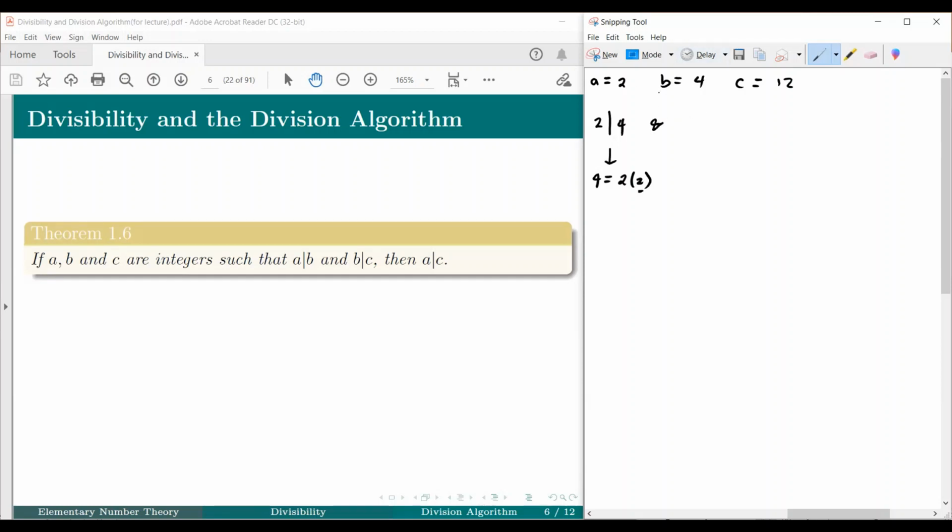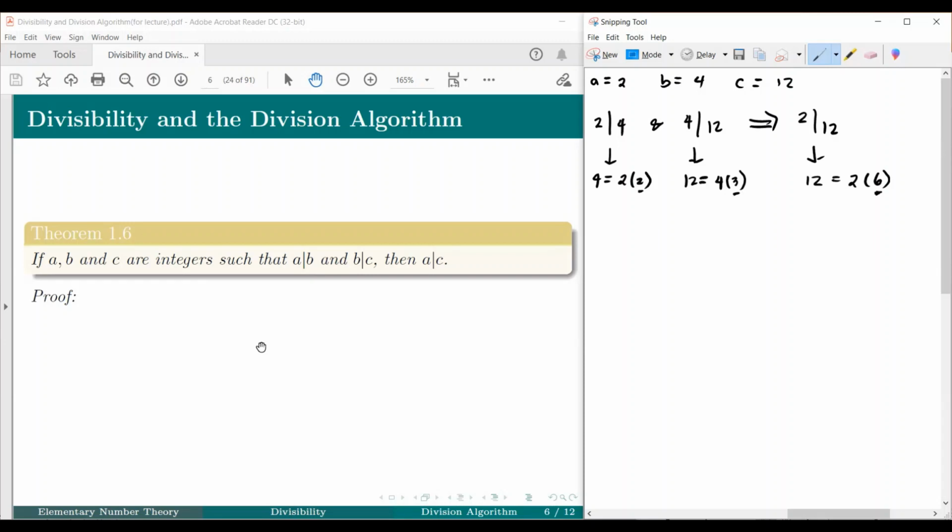And we also know that 4 divides 12, so b divides c. Why? Because 12 can be written as 4 times 3, so our k is 3. This implies that a divides 12, it means 2 divides 12. Yes, of course, because we can write 12 equals 2 times 6. So in this case, k is 6. Okay?